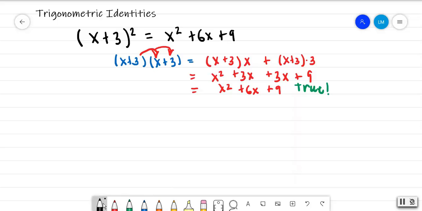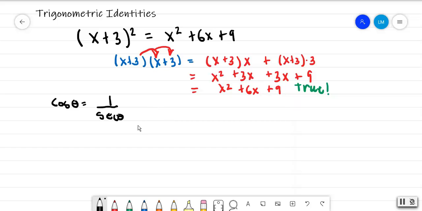Now the other types of identities that you'd be looking at would be, say for example, cosine of theta. You know that the cosine function can be rewritten as 1 over secant of theta.